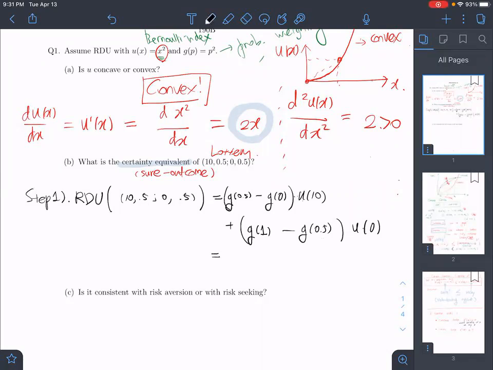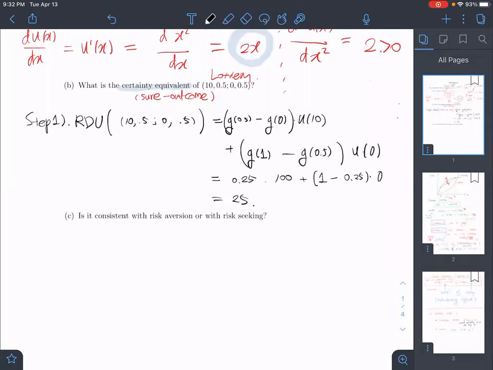And then if I compute this value, we have 0.25 times 100 plus (1 minus 0.25) times 0. Okay. And this is 50. Oh, I'm sorry, 25. Okay. Does that make sense?